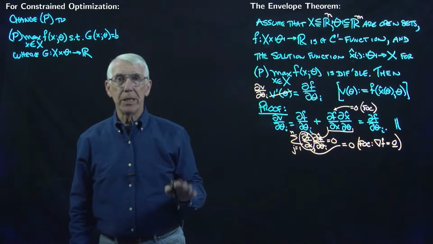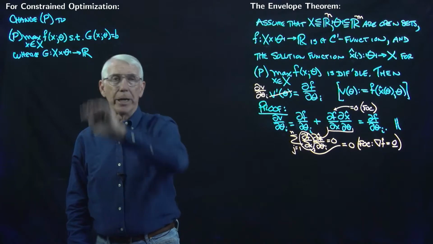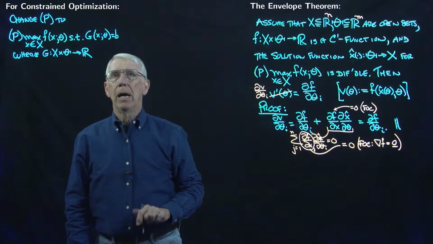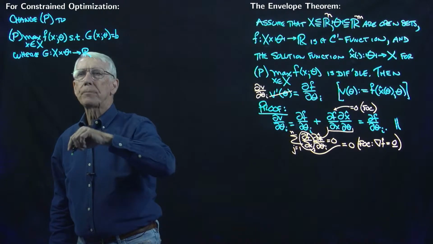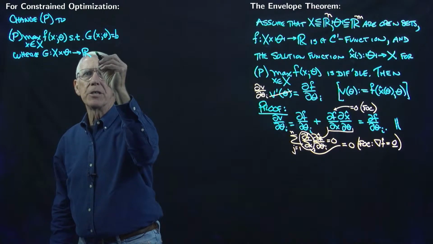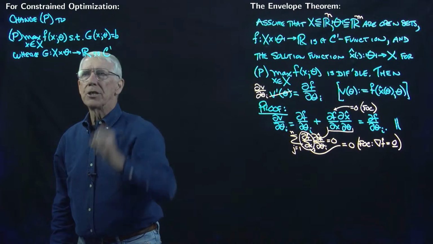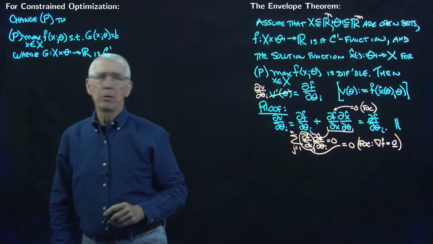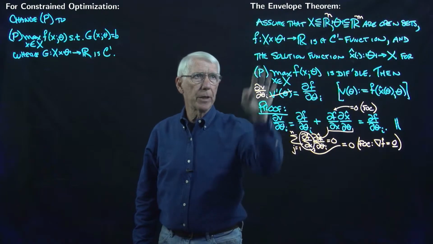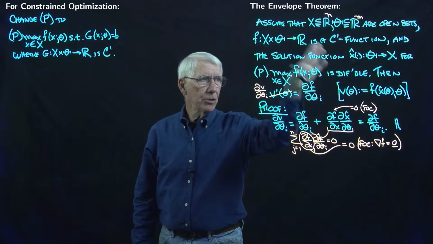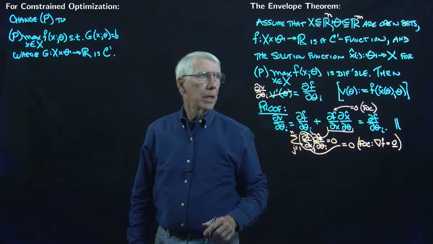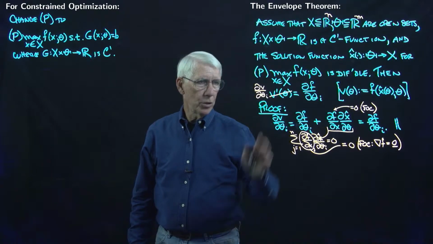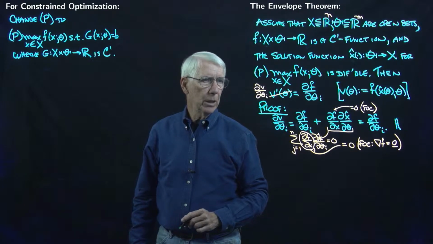So sometimes we see constraint functions that don't have that, but often we do. So here we have this, and we're going to say this is also a C1 function, continuously differentiable, just like over here with the objective function. Everything else is the same. This says it's C1. The solution function's still got to be differentiable.